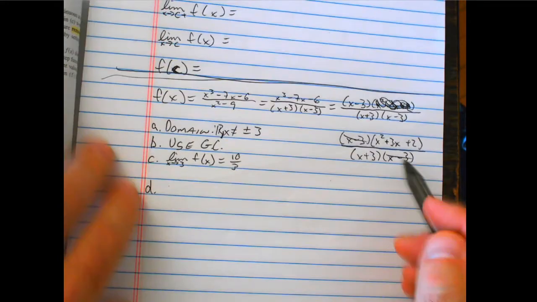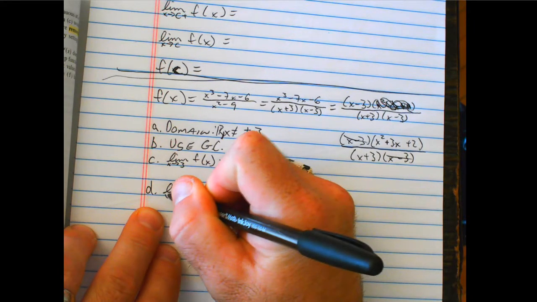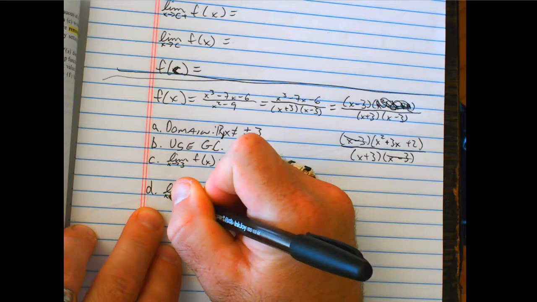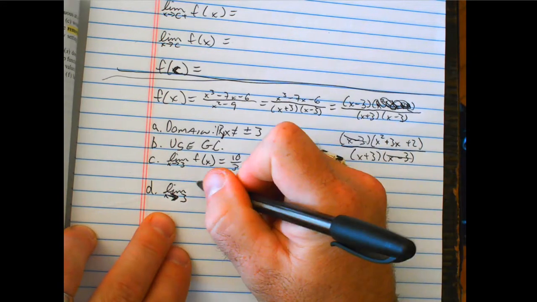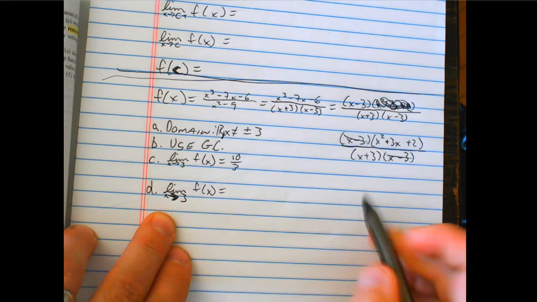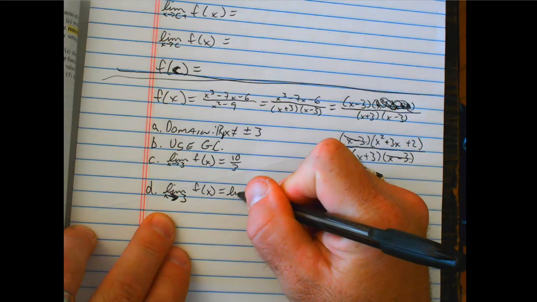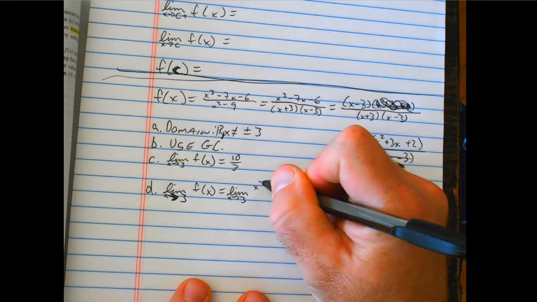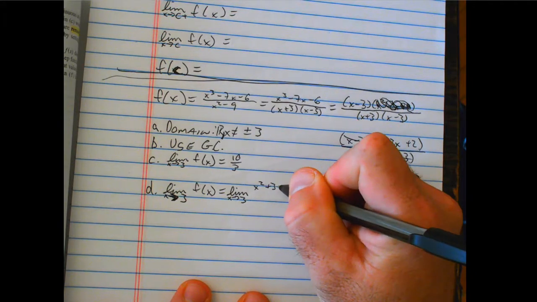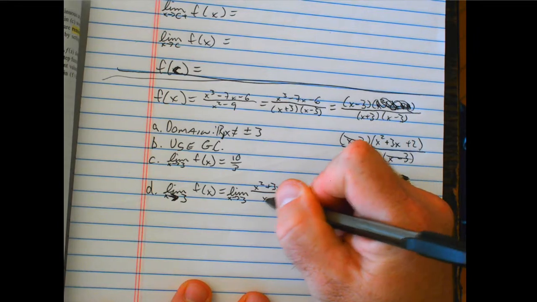So now what I can do, I can have the limit as x approaches 3 of f of x is going to be equal to the limit of this. So that would be equal to the limit as x approaches 3 of x squared plus 3x plus 2 all over x plus 3.